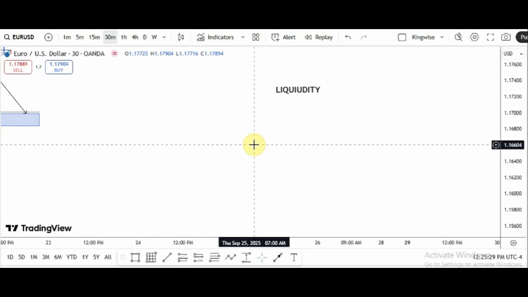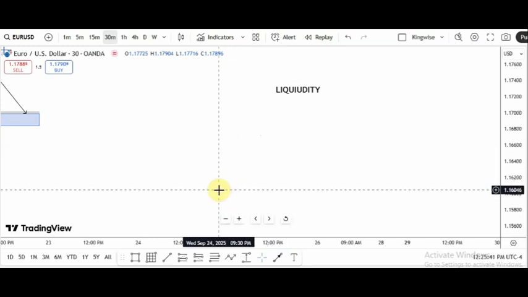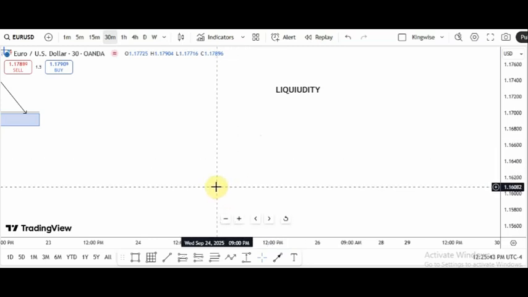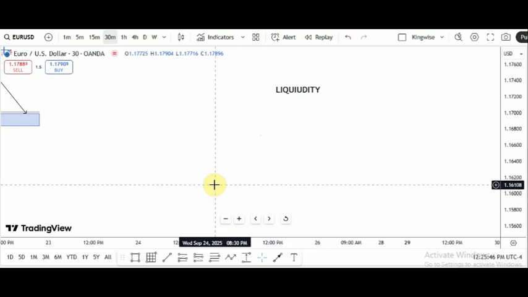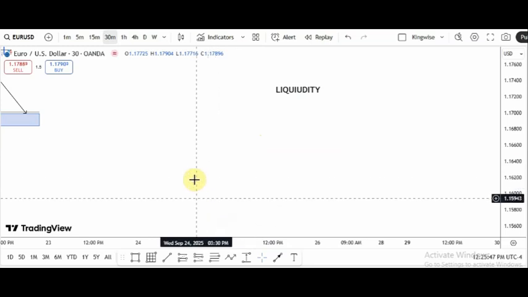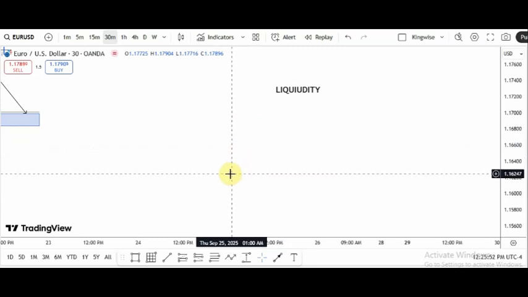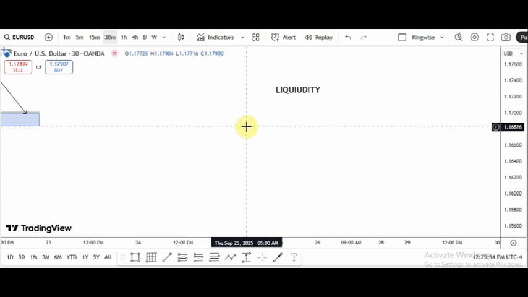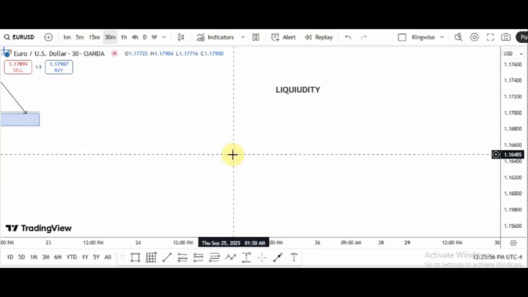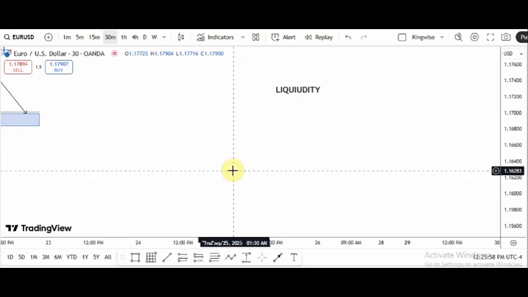Even the car that makes use of gas or electricity, they move by the reason of that thing. So what makes the market move is liquidity. We say it's like the fuel of the market, the reason why the market is moving. That's why the retail traders do not have the ability to move the market. It is the big banks that move the market.